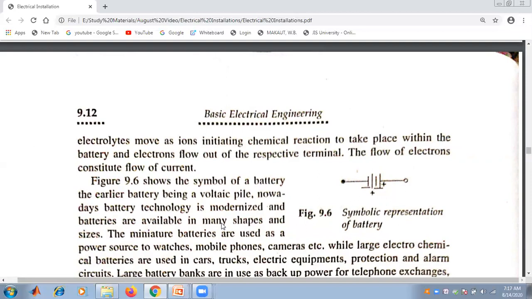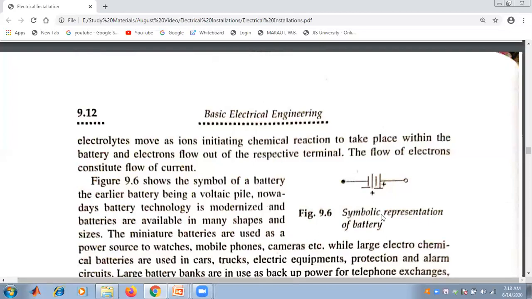As a result, electrons start to flow out of the respective terminal. The flow of electrons constitutes the flow of current.